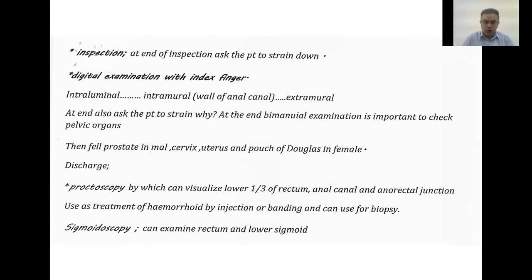The proctoscope is about 12 to 15 centimeters, with a trocar, and we see the lower third of the rectum and the anal canal above and below the dentate line, the origin of the hemorrhoid, and any other pathology at the anorectal junction.